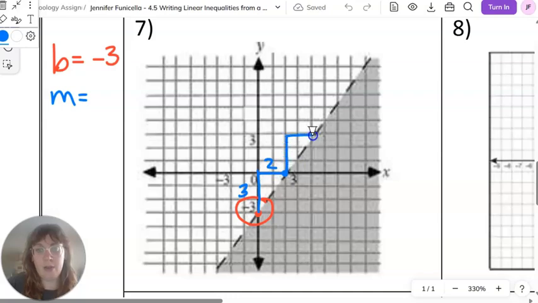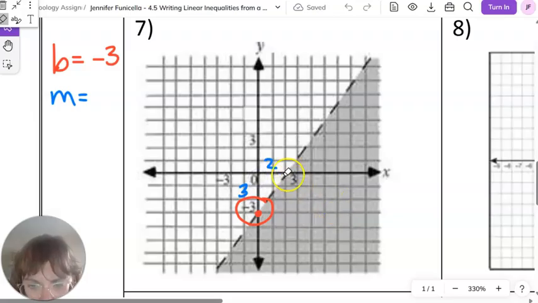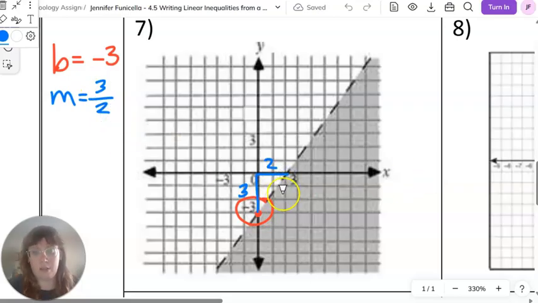Up 3 over 2. There's another point. Up 3. Ooh, wait. That doesn't look like it's lining up. Hold on. Oh, I think it is. It's just off a little bit. So up 3 over 2. It's a very blurry graph.